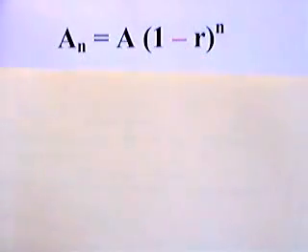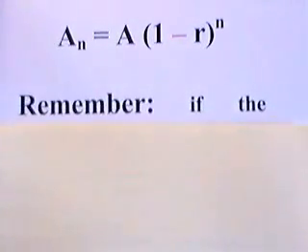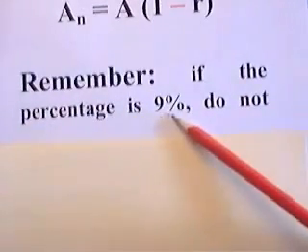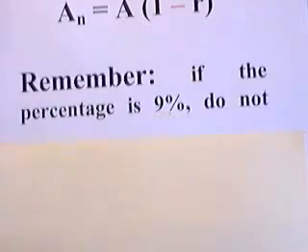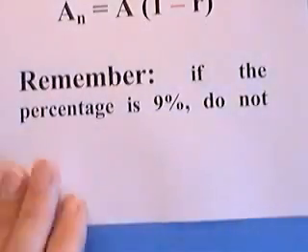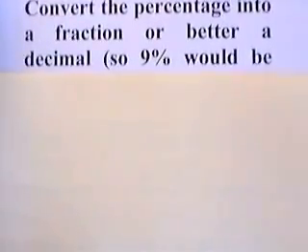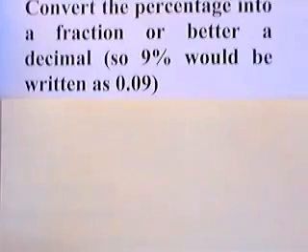Very important difference. Okay? However, do remember please that if the percentage is, for example, this is just an example, if the percentage is 9%, you do not write R as the number 9, okay, you convert the percentage into a fraction, or better still, into its decimal form, so that 9% would be written as 0.09.